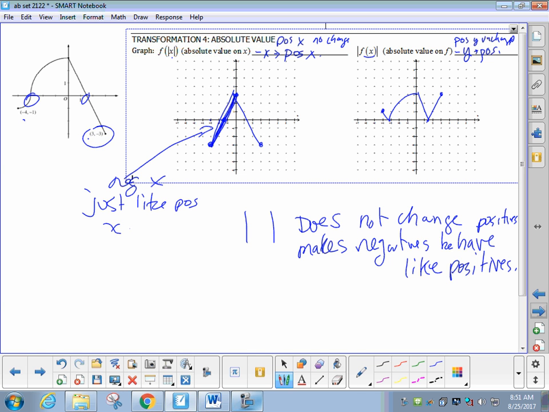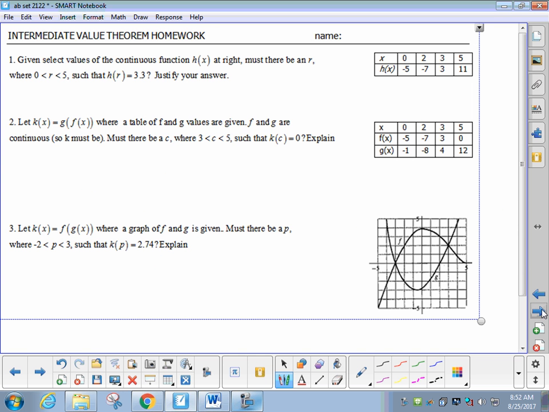So it'll be a reflection of the positive x values. The right side is going to happen again on the left side, and that which was on the left side never even happened. You follow? Okay. That's it.